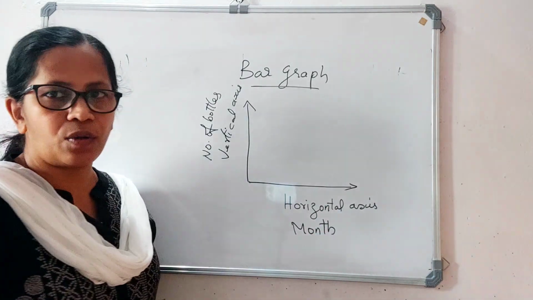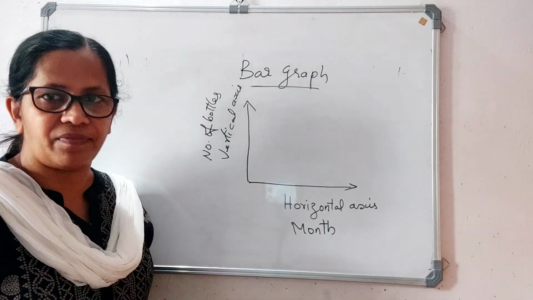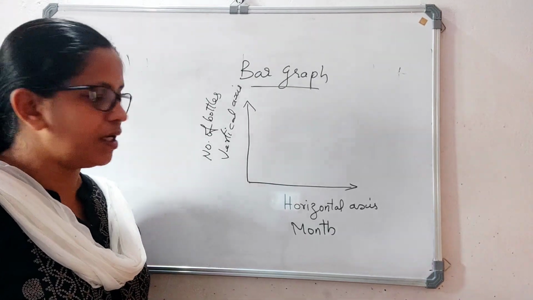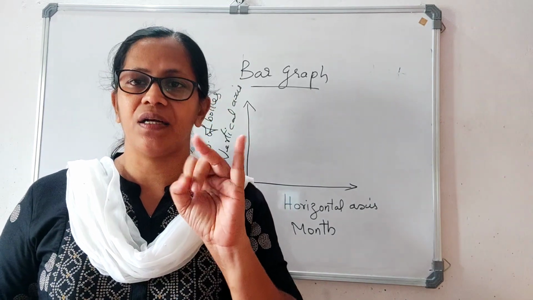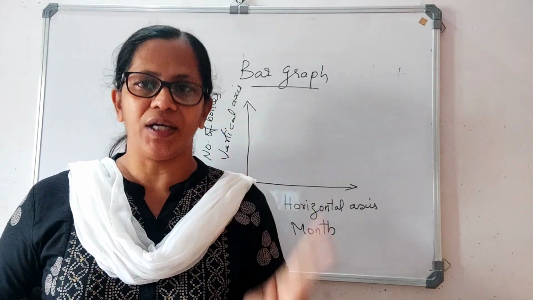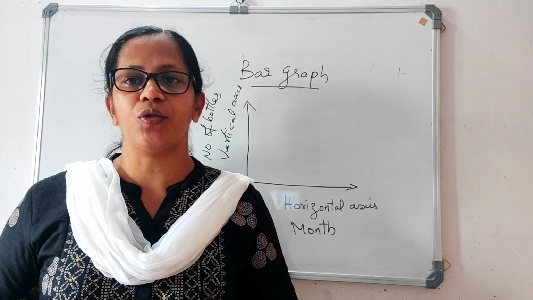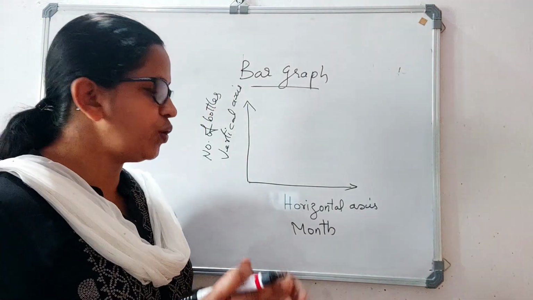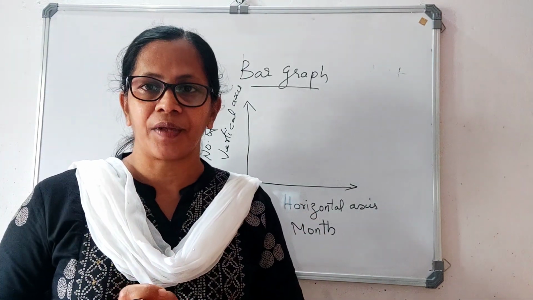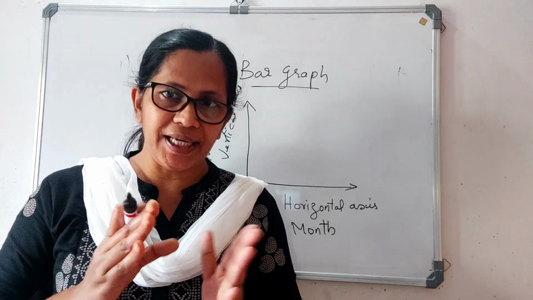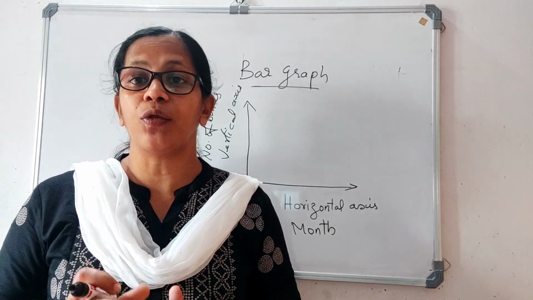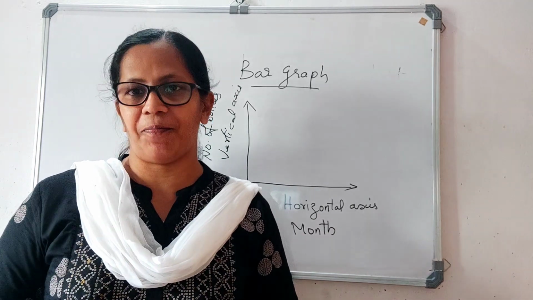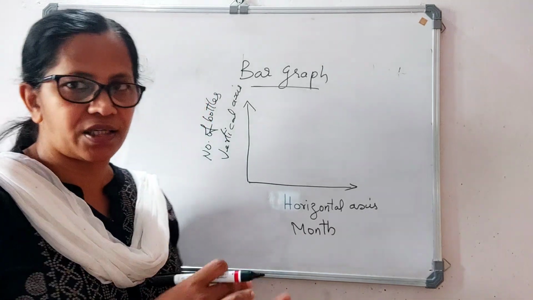Before going further, we learned there are two axes, horizontal and vertical. Another thing you should take care of is that when you draw bars, the gap between each bar should be the same, and the width of the bar also should be the same. You will understand that while doing.